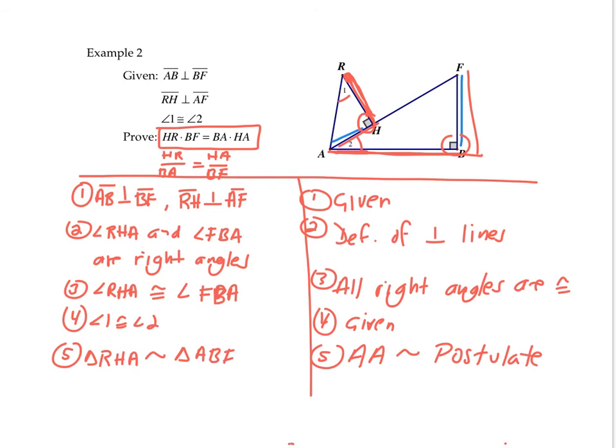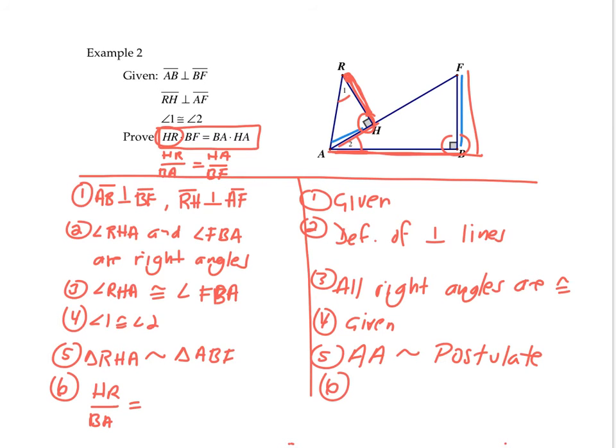And then we're going to take it 2 steps further. In our next step, because the two triangles are similar to each other, that allows us to write the following proportions. Okay, we're going to compare all of the sides. So I'm going to keep this in mind. I'm going to go in that order, HR. So I'm going to compare HR from my first triangle to BA from the second triangle.